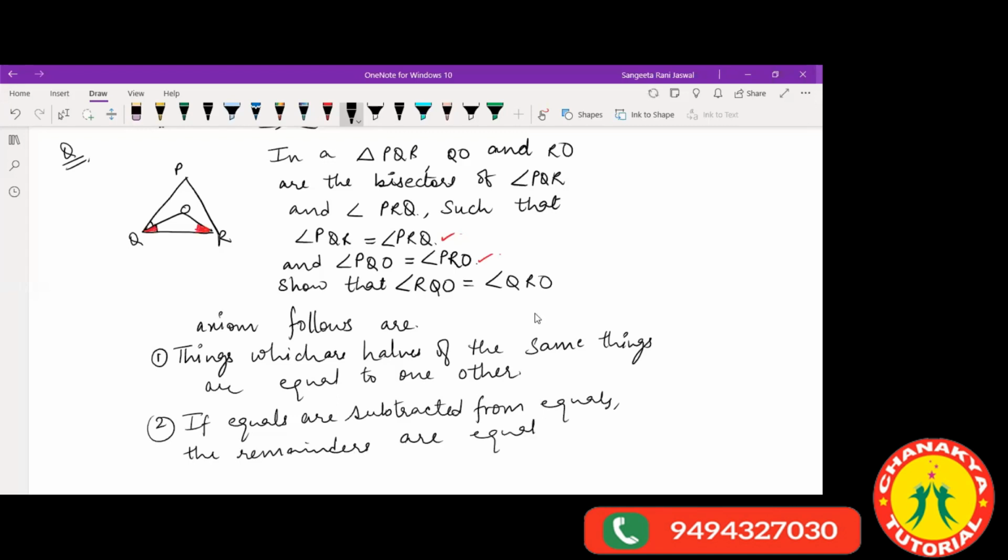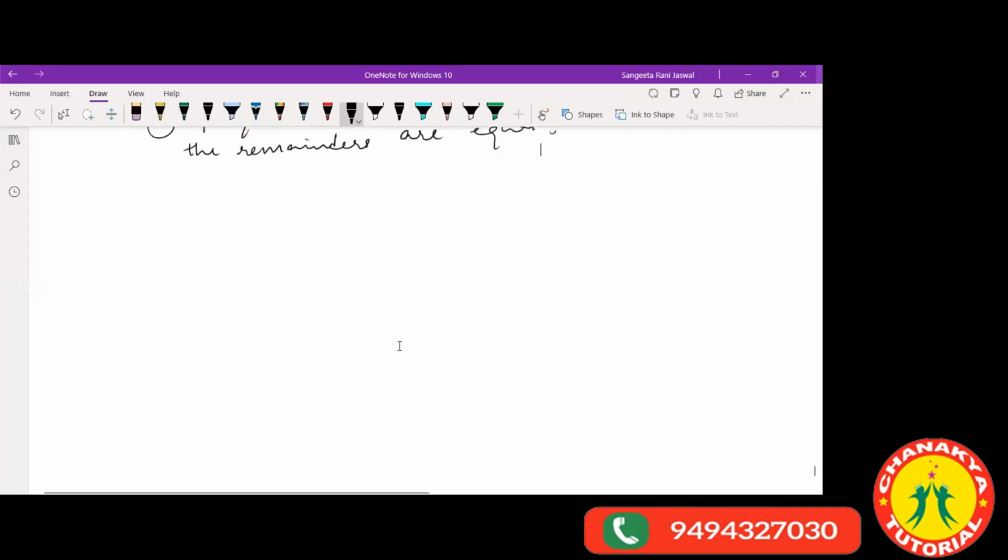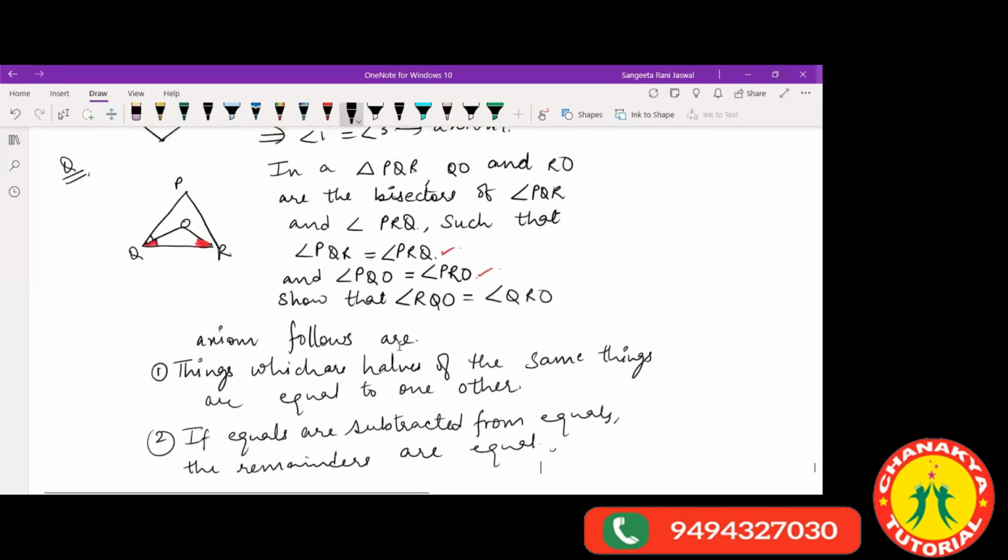I hope you are understanding this, how it applies in the questions. Yes, children? Are you writing? Yes, ma'am. Please do make a note. This chapter does not need any big calculations. You just have to identify which axiom or which postulate follows.